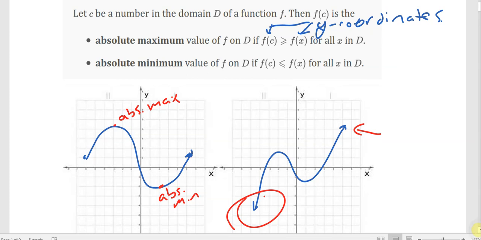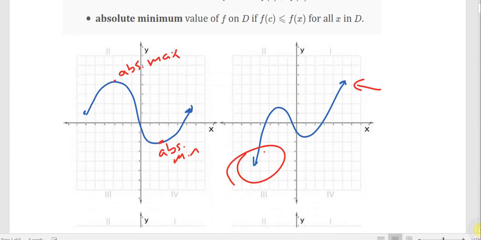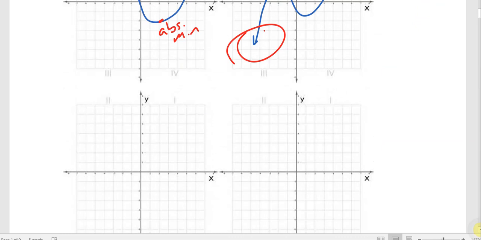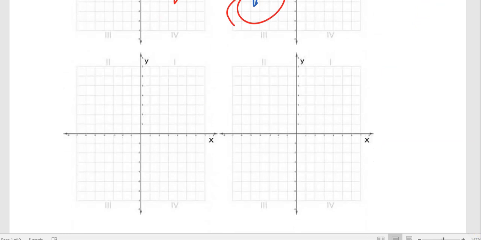Now there could be more than one spot for an absolute maximum or an absolute minimum. Take, for example, the graph of cosine of x. Well, this isn't wanting to write very well. So if we think about cosine of x, that graph keeps doing this over and over and over.